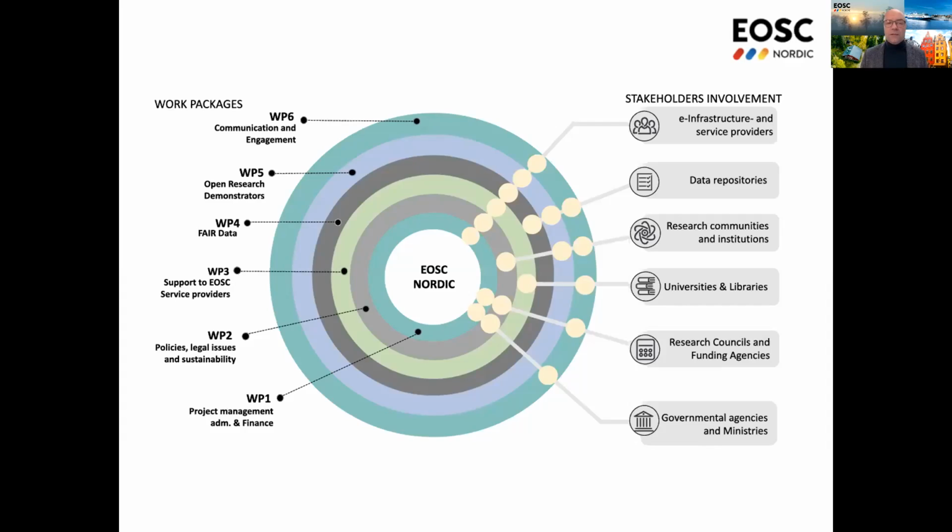Work package 3 is looking to support services that are potential candidates for becoming part of the EOSC service or to become EOSC service providers. Then work package 4, which focuses on FAIR data. And then a larger work package 5, which looks at use cases and specific demonstrator cases for open research. And then finally, work package 6, which deals with outreach, communication, and engagement with the community.